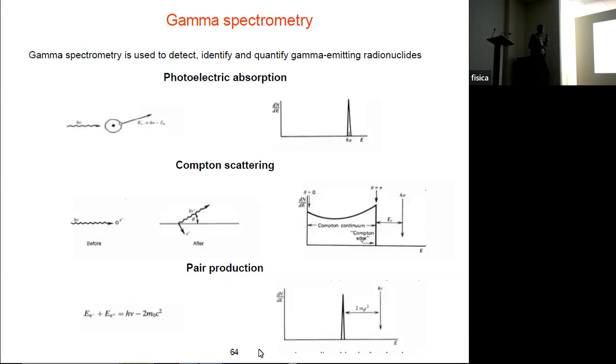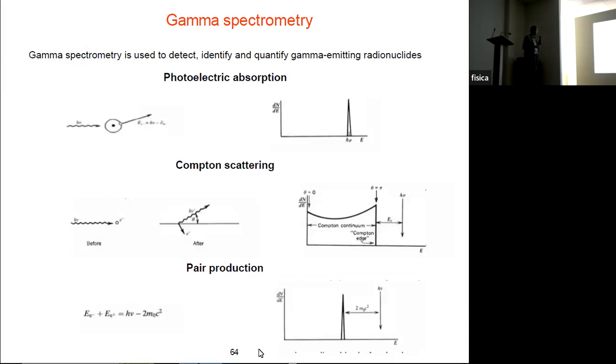This is the photoeffect process, in other words, and the main idea is that an electron is ejected from an atom.